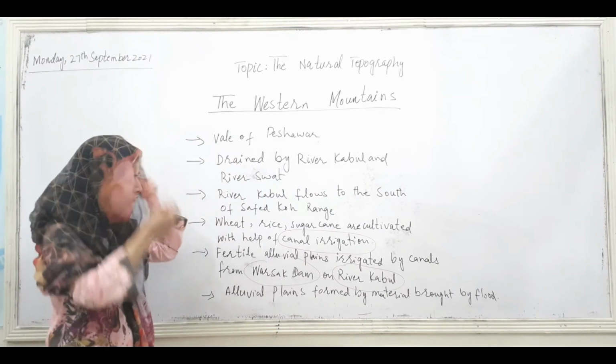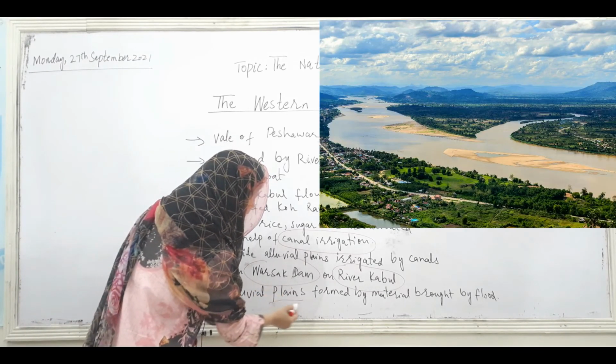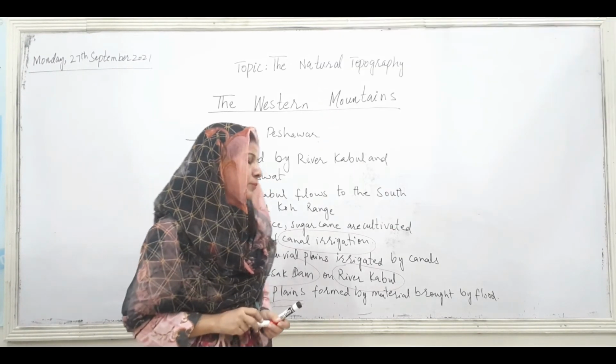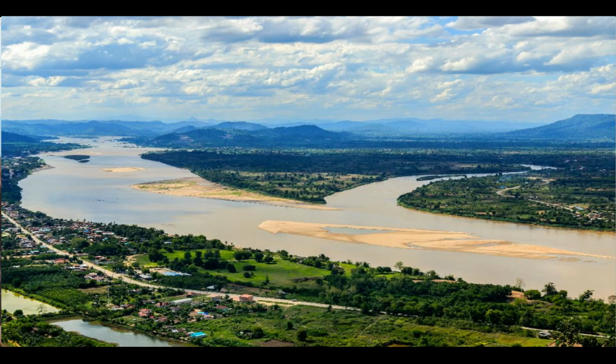Now we will see what is an alluvial plain. So alluvial plains are very unique features which are formed by material brought by flood. Alluvial plains are largely flat landforms created by the deposition of sediments over a long period of time. So when a long period of time passes, these plains are developed by one or more rivers.